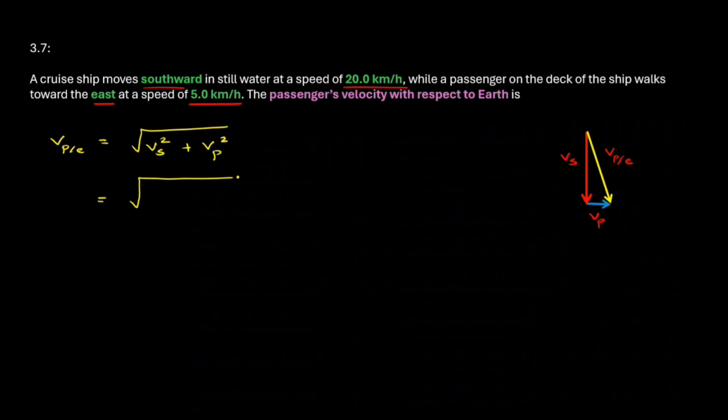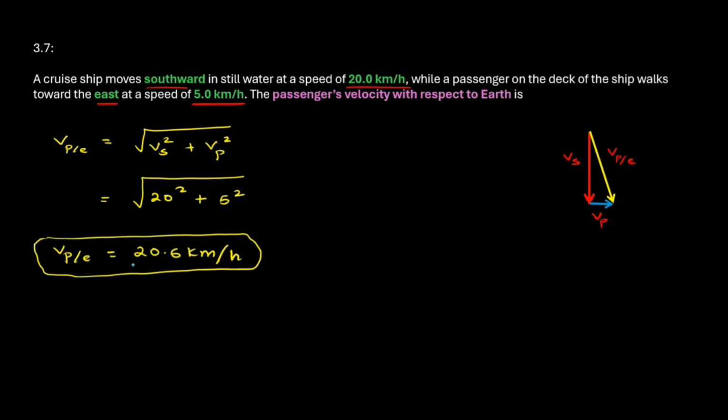That is equal to, velocity of ship is 20 km per hour, that of the passenger is 5. And when you solve this, you get the velocity of passenger with respect to Earth to be equal to 20.6 km per hour.